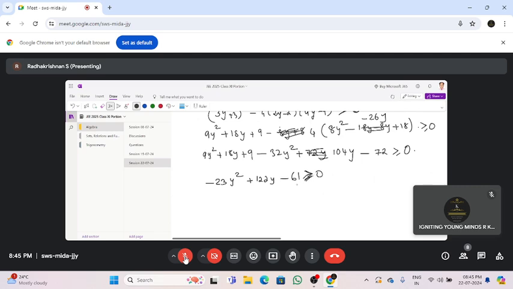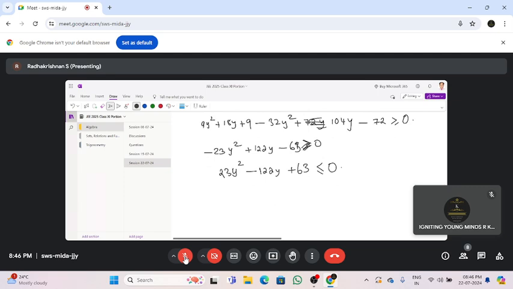So this is the condition for y, for the function to be R to R. Now it is an inequality which you can solve.